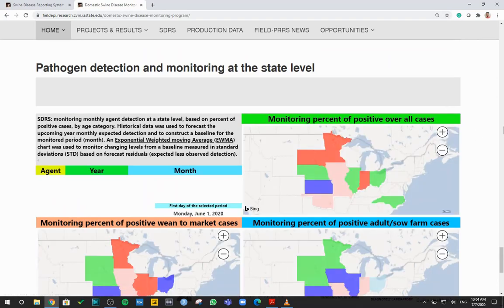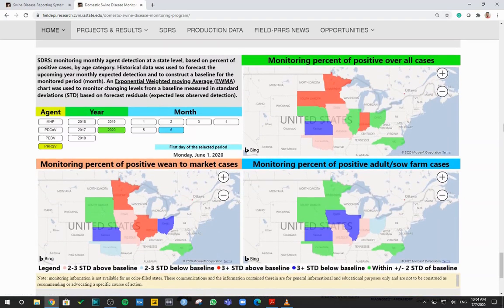For this monitoring algorithm, we added a new exponentially weighted moving average model that scanned the difference between the forecast expected detection and the observed detection. So we report changes in terms of standard deviations from the baseline, and the way that we consider these changes: 2 standard deviations from the baseline, above or below, are expected.